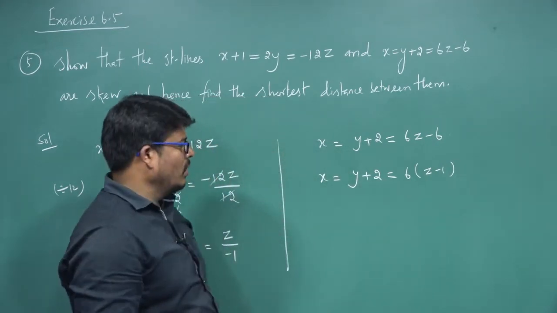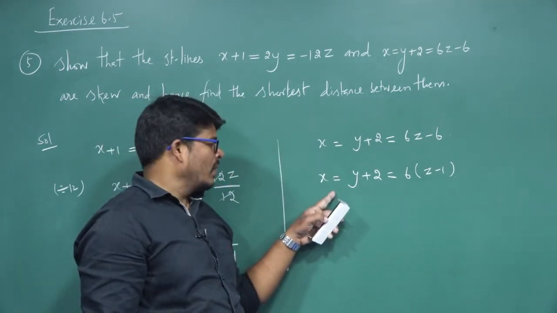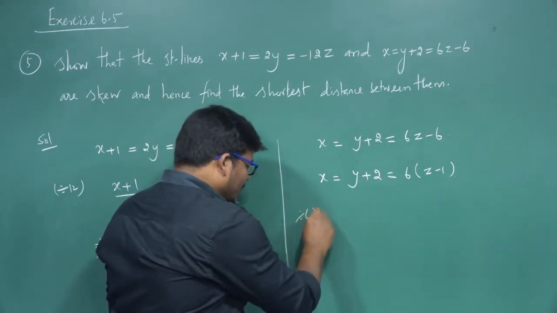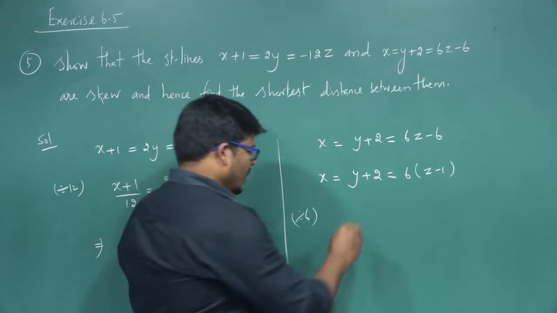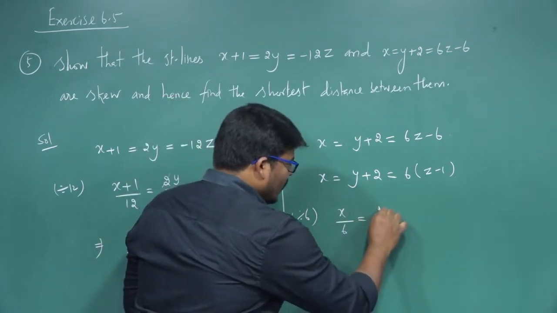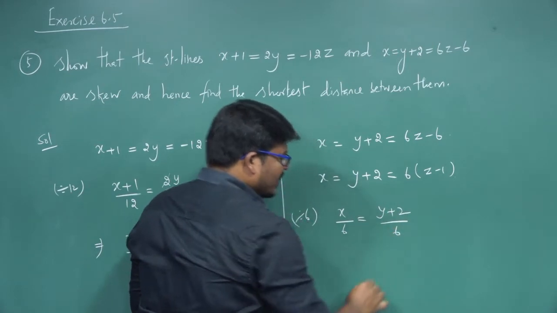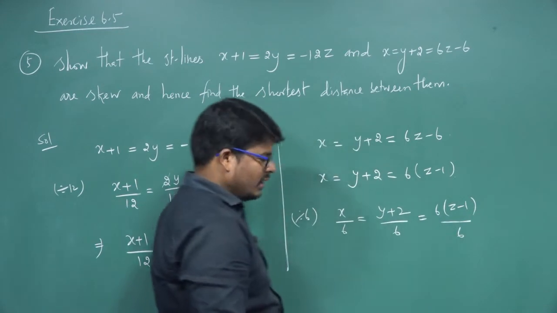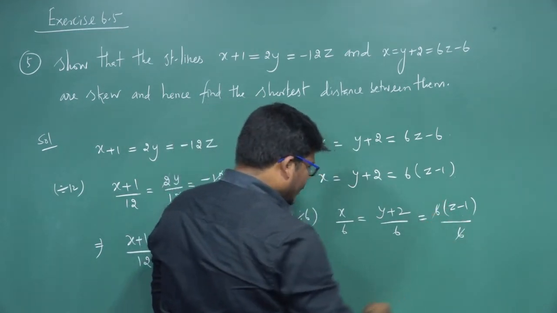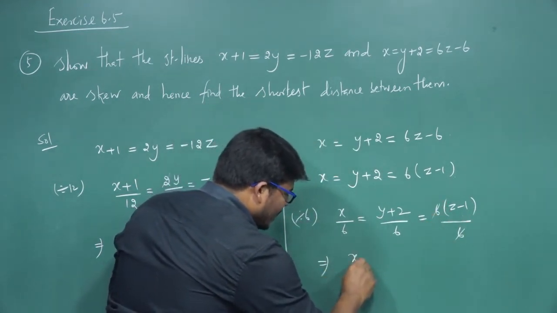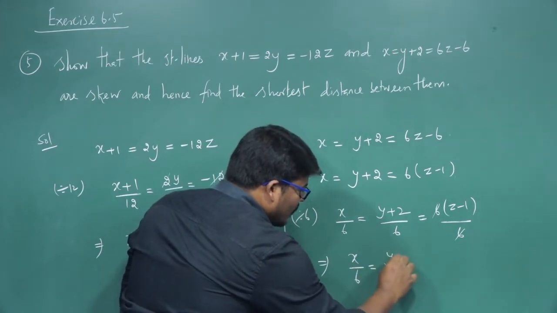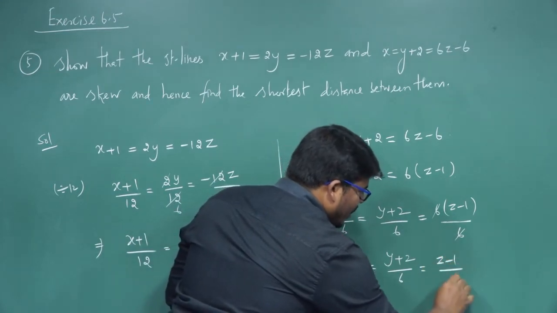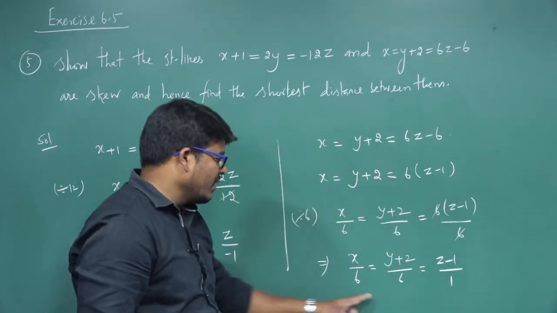Now change to Cartesian form by dividing by 6: x by 6 equal to y plus 2 by 6 equal to 6 into z minus 1 by 6. The 6s cancel. The Cartesian equation is x by 6 equal to y plus 2 by 6 equal to z minus 1 by 1. That is the second Cartesian equation.